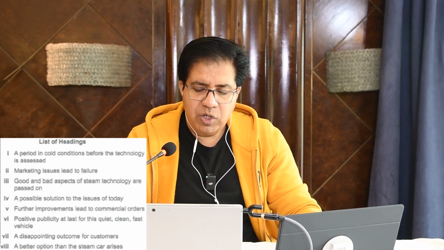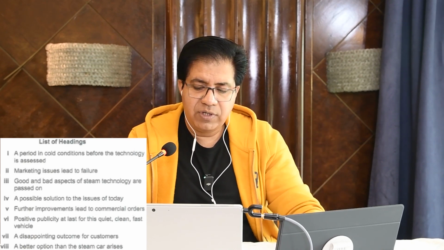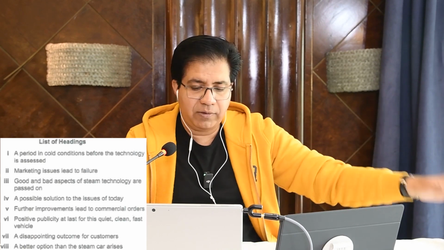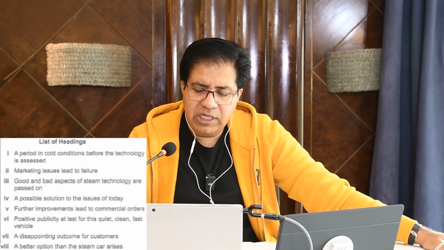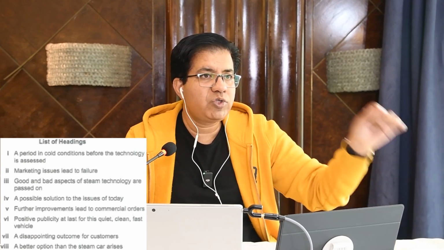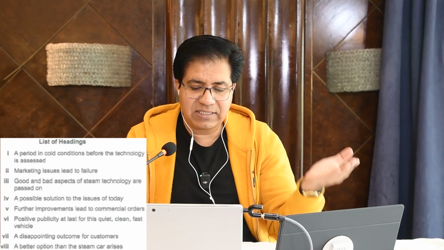Heading number 3, good and bad aspects of steam technology are passed on. In one paragraph, they will talk about good and bad aspects of steam technology which are passed on. Heading number 4, possible solution to issue of today. Now, solution to issue of today. In one paragraph, they will talk about currently, today, these days.